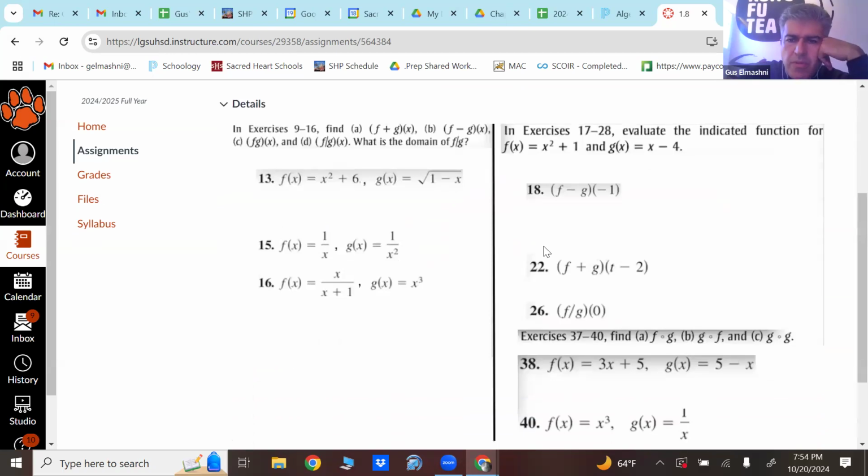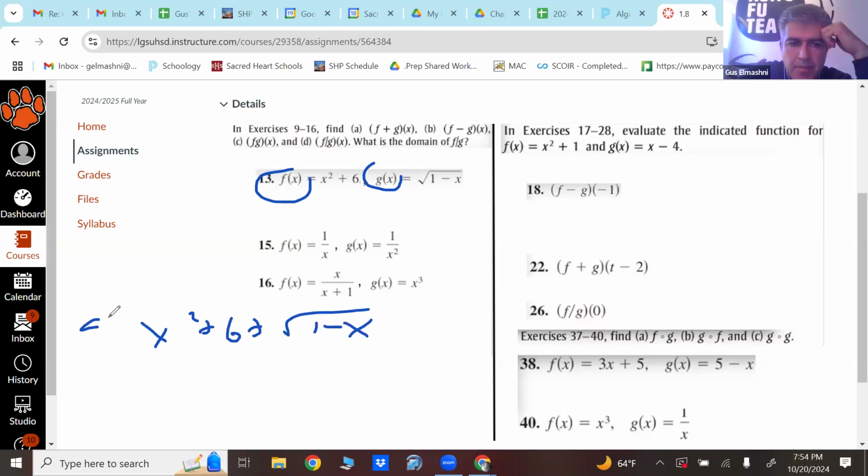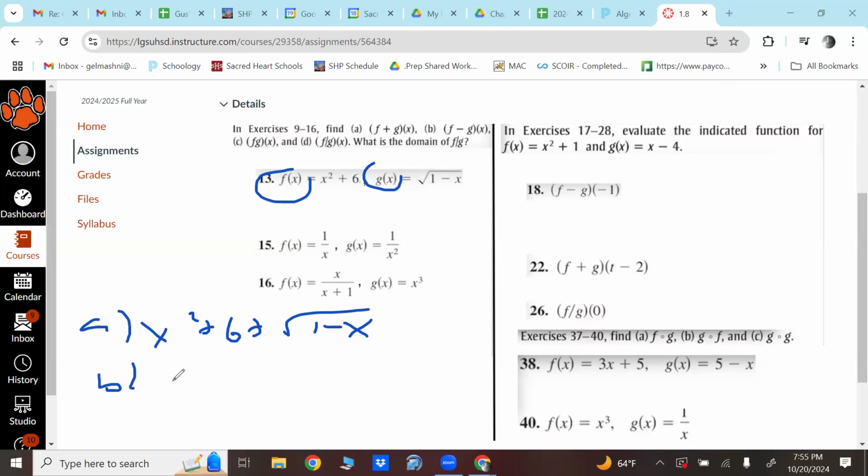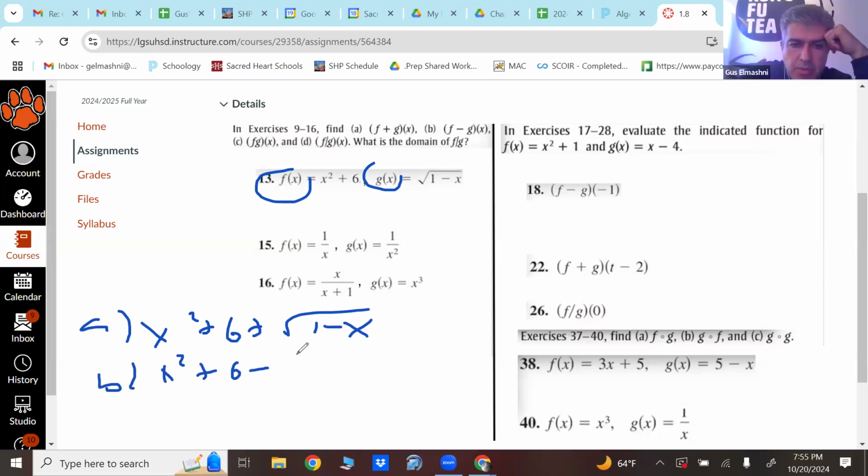These are pretty straightforward. You're really just adding, subtracting, multiplying, dividing, right? Just add it, that's part A. Part B is just this: x squared plus 6 minus, done.